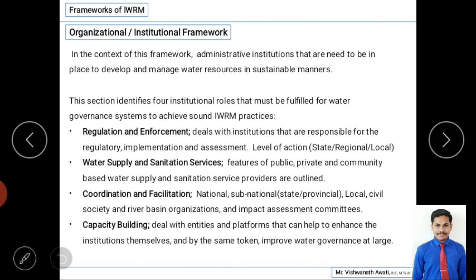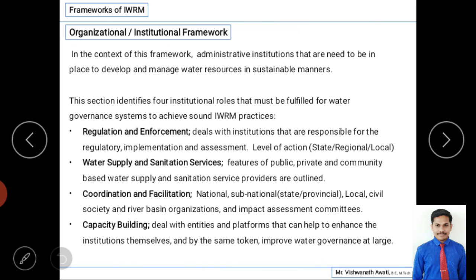So to monitor or implement whatever rules and regulations are there, some organizations, some officers and some workers are required, right? So mainly this framework is related to establishment of the institutes, or you can call them officers, departments or ministries. All this is included in the institutional framework.